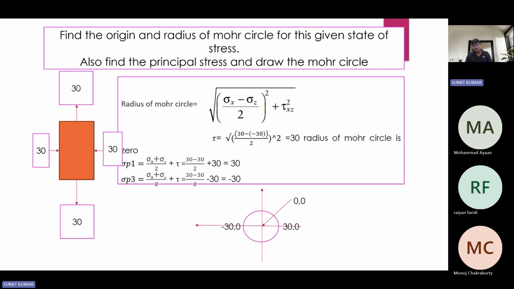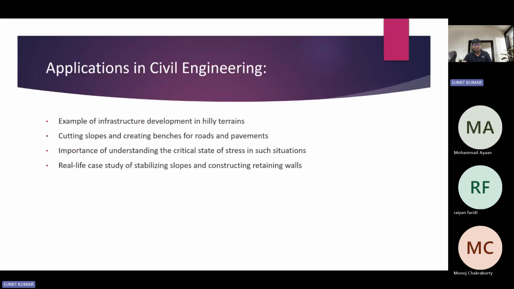So using that, when we calculate the radius, sorry, it comes out to be 30, and hence the principal stress values are calculated as plus 30 and minus 30. So the problem gets solved.